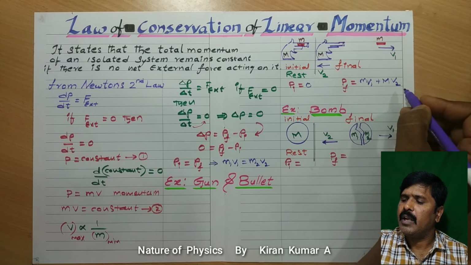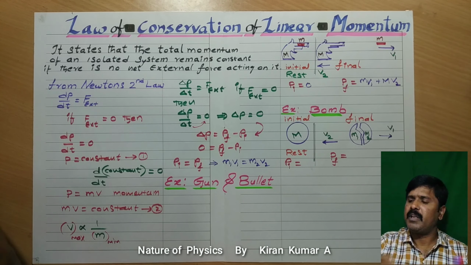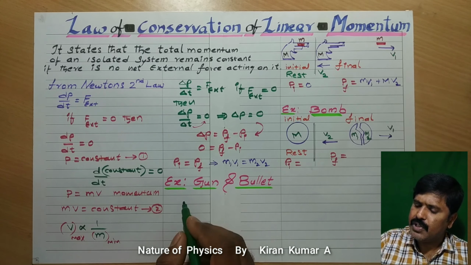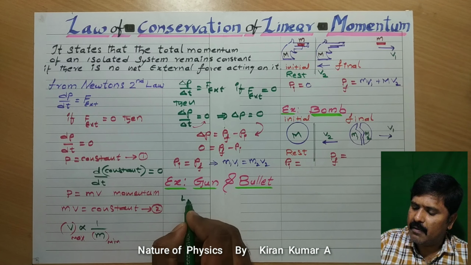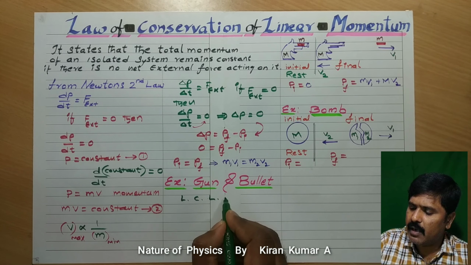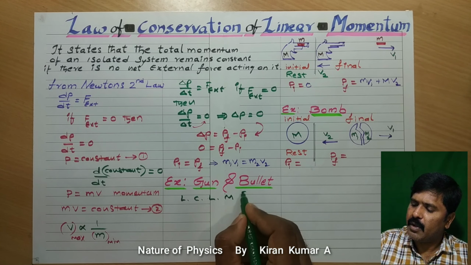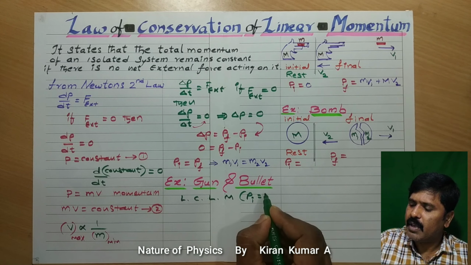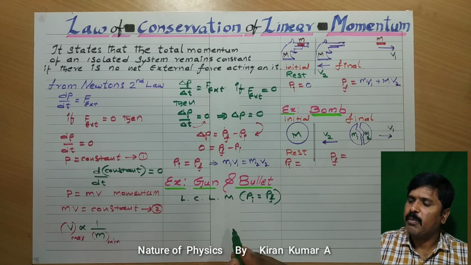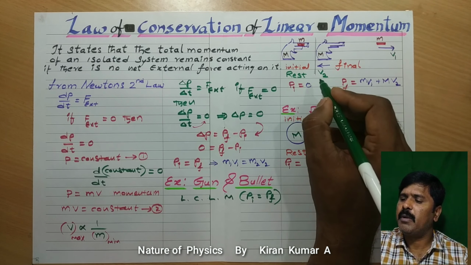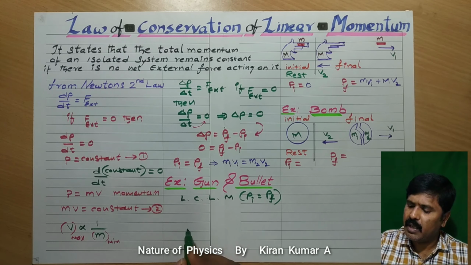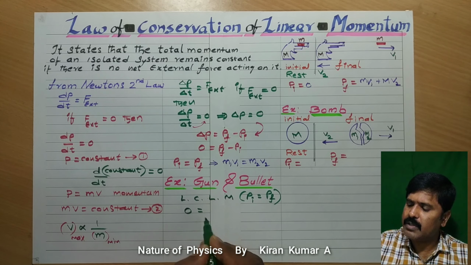So according to the law of conservation of linear momentum, I can write initial momentum is equal to what, students? Final momentum. What is the initial momentum? Initially the gun is at rest, that's why the initial momentum is equal to 0. And what about the final momentum, students?